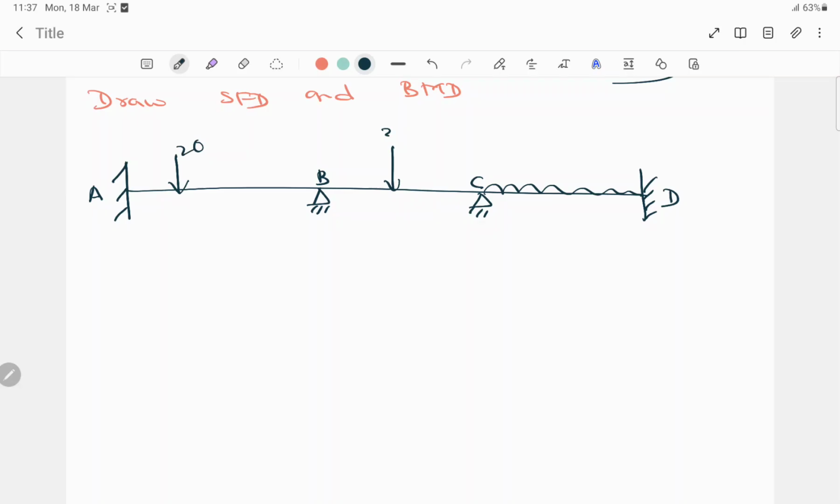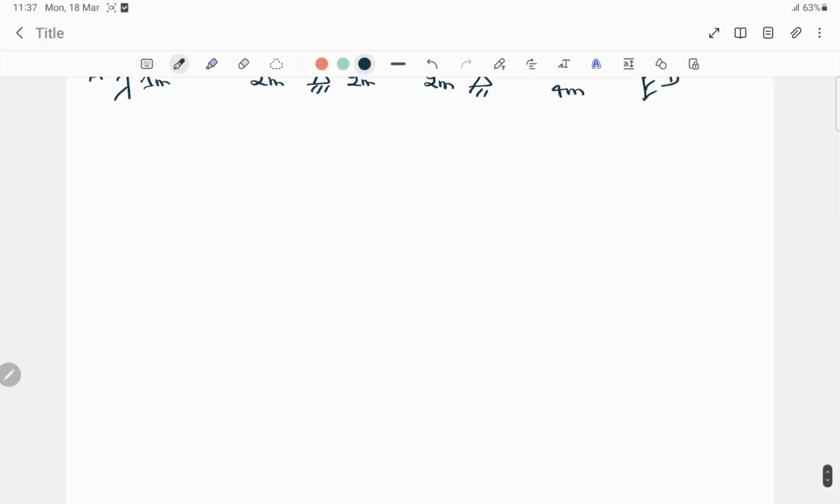Point load of 20, point load of 30 and UDL of 30. Span is 4 meter, 2 meter, 2 meter, 1 meter and 2 meter. So for this beam we have to draw the SFD and BMD.